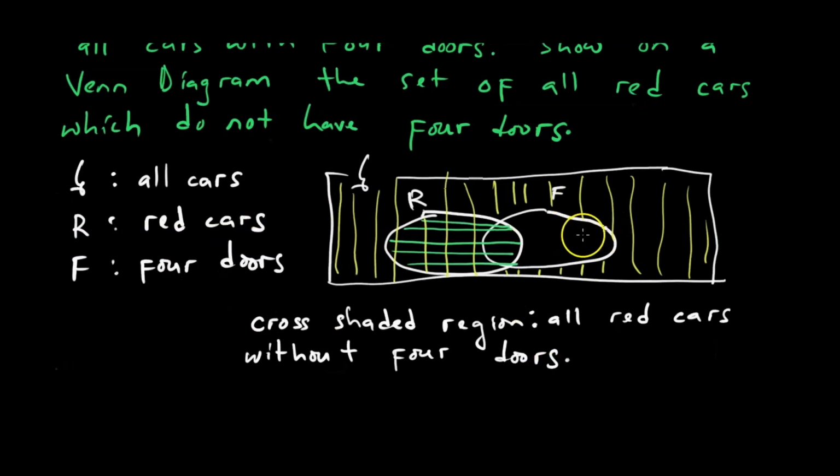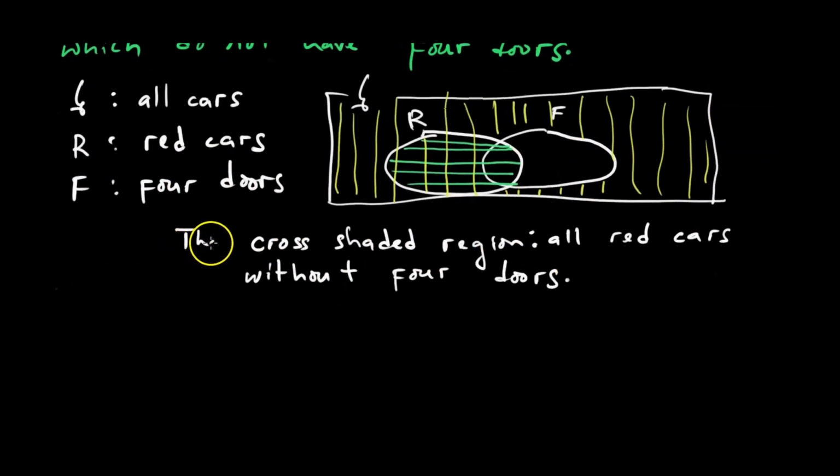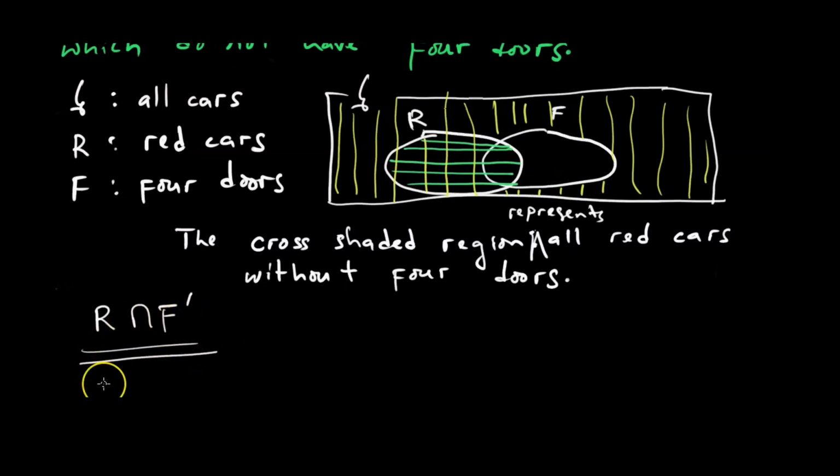And how do we present our answer? You just say the cross shaded region, and then write that it represents all red cars without 4 doors. I hope it is clear and not confusing. In set notation, what we get here is R intersecting F complement. That is the question: R intersecting F complement.